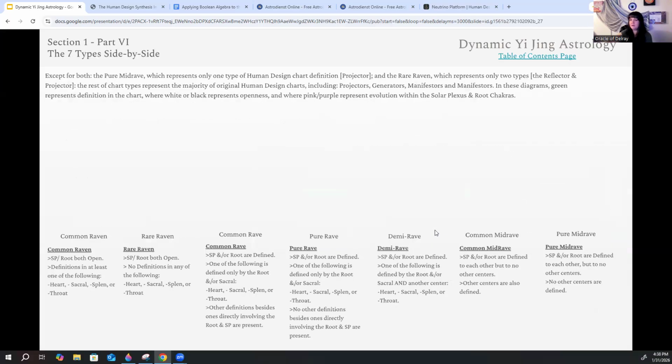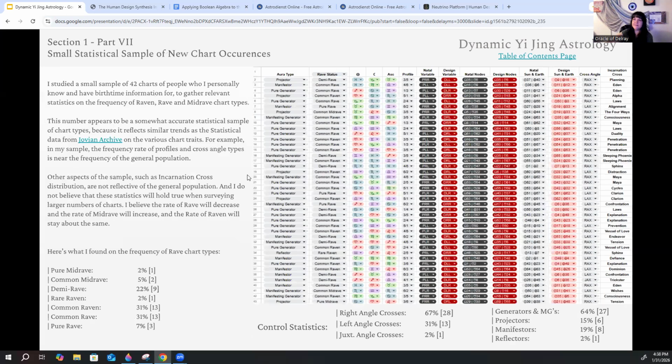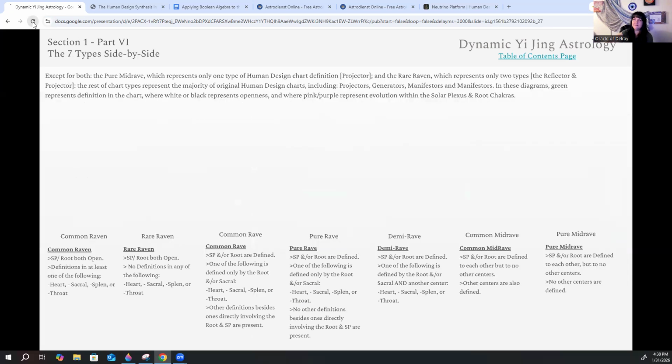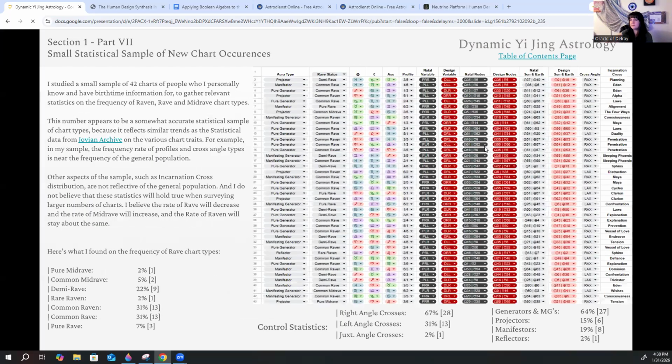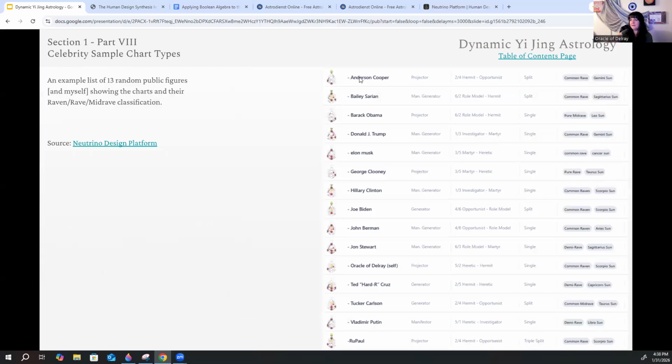And those categories, here they are side by side. And here are celebrities and their types.